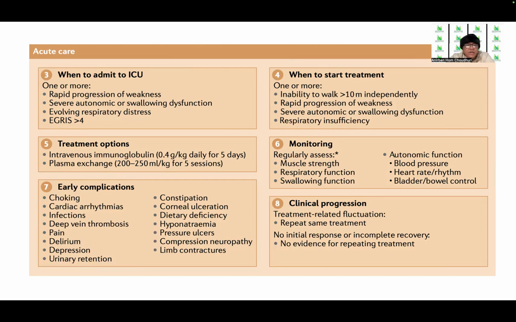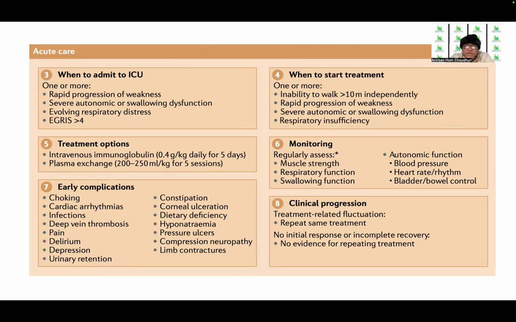We have to know the early complications, which include choking, cardiac arrhythmias, infections, DVT, pain, delirium, depression, urinary retention, constipation, corneal ulceration, dietary deficiency, hyponatremia, pressure ulcers, compression neuropathy, and limb contracture. Any of those can have a particular preponderance in a specific patient, depending upon the presence of comorbid factors.